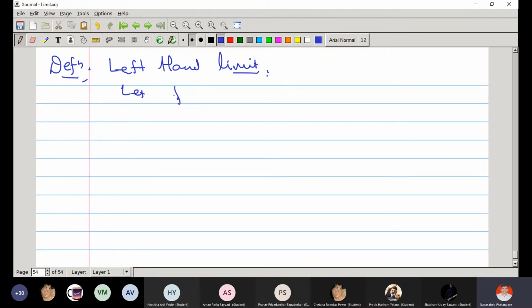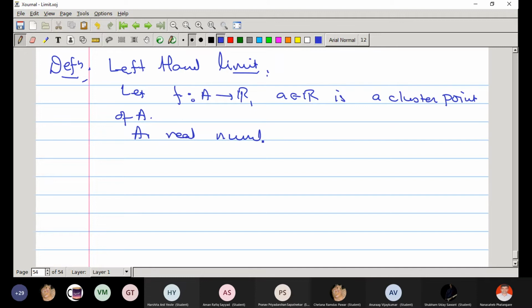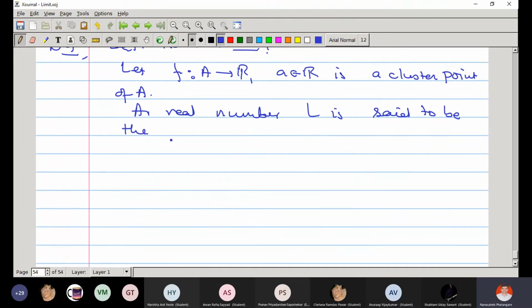Let f be defined on A to R, a belongs to R is a cluster point of A. A real number L is said to be the left hand limit of f at a if.